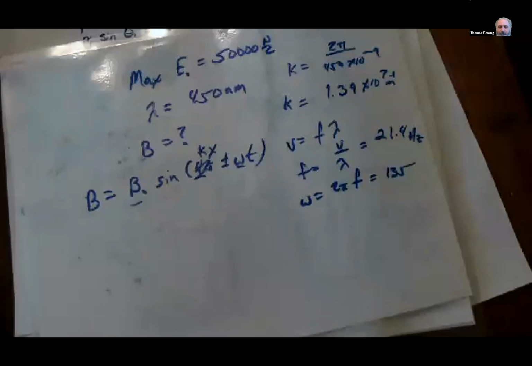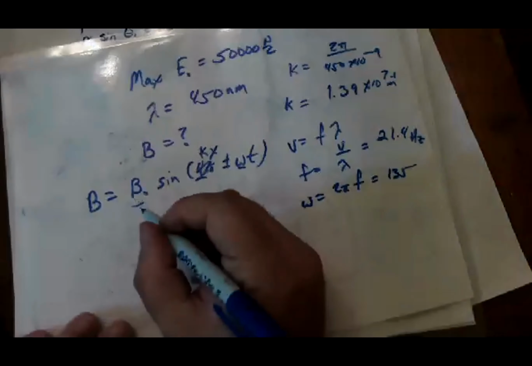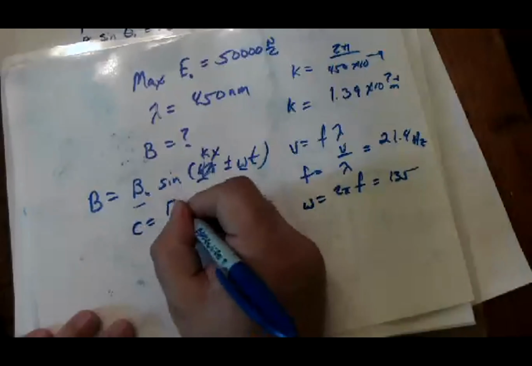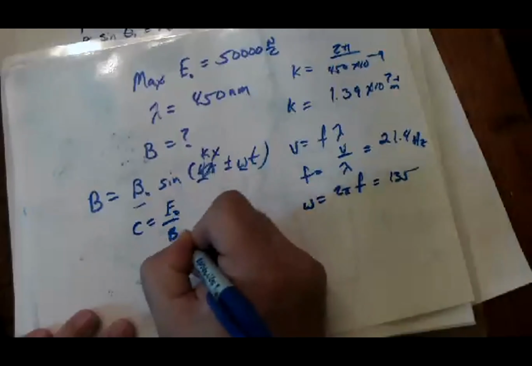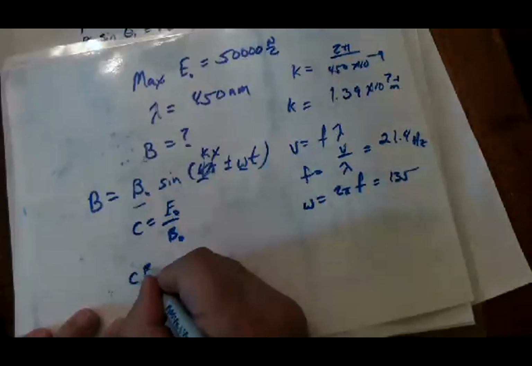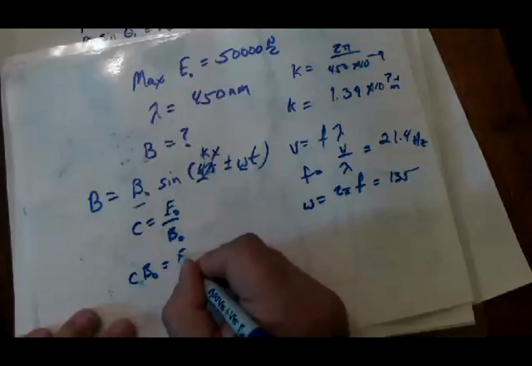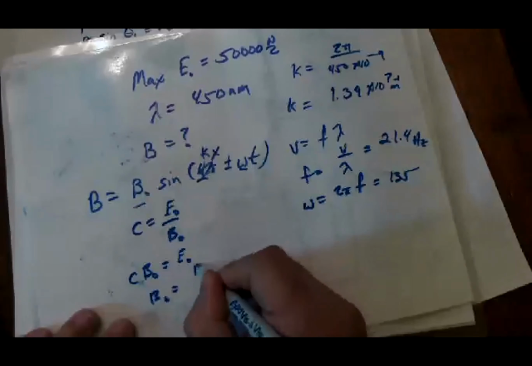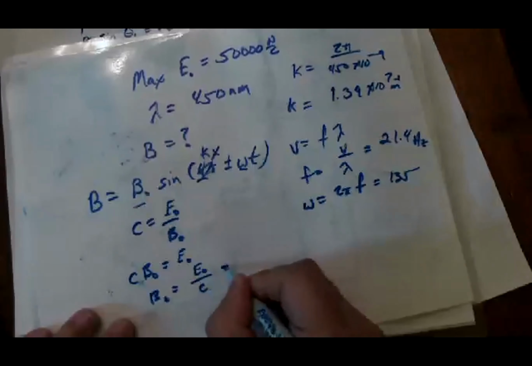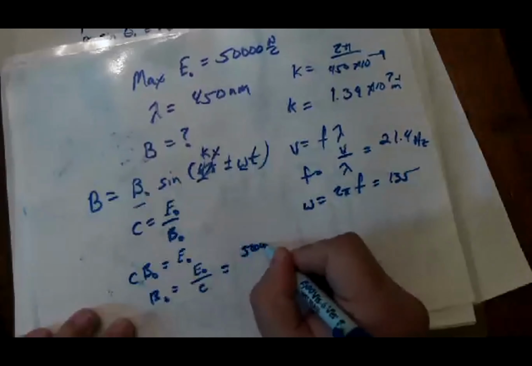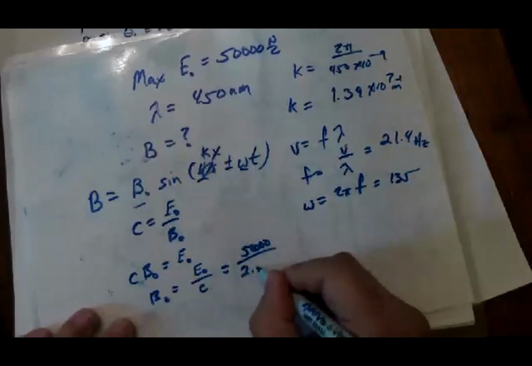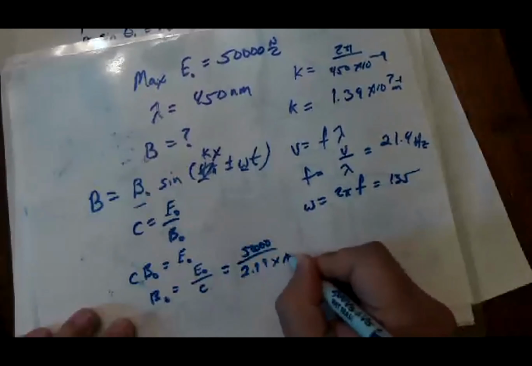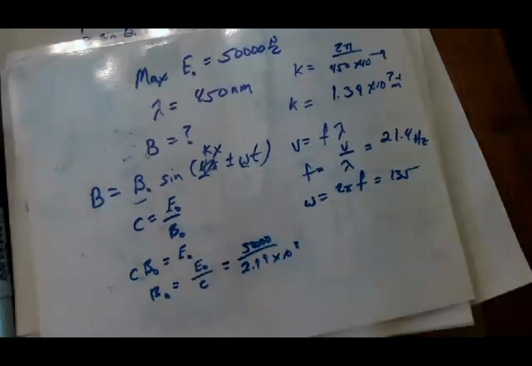Right. It's going to be 50,000 divided by 2. It's 1.67 times 10 to the 12.